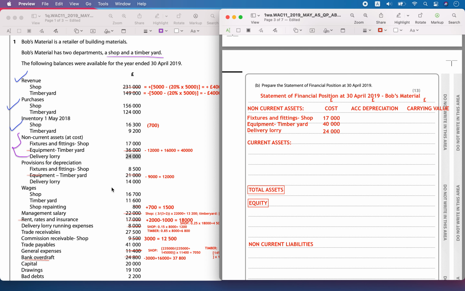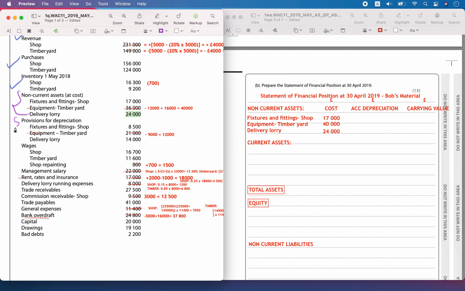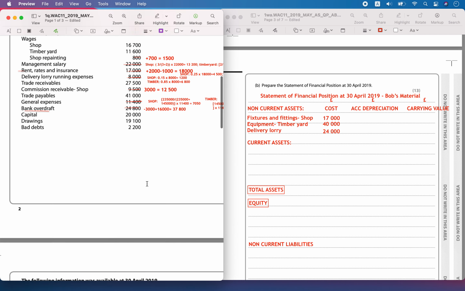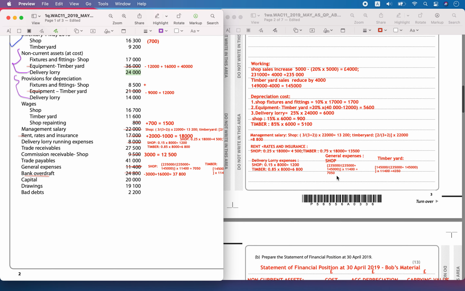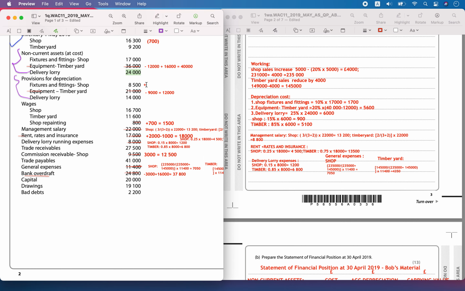Now we have to calculate the accumulated depreciation. Here it is 8,500 plus this year's depreciation, which we have to add to get the total accumulated depreciation. For the fixtures and fittings, the depreciation for this year was 1,700.